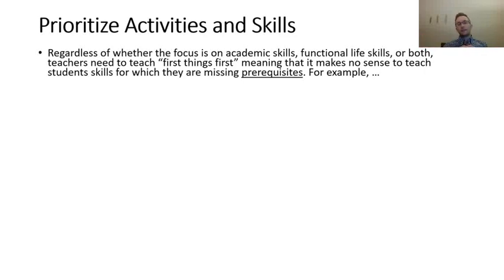Okay, and obviously the family wanted to work on this skill of teaching him to be independent, or at the very least cooperate in assisting putting his clothes on. But unfortunately there were some prerequisites missing. Okay, because the skill of getting dressed would be a behavior chain, right?